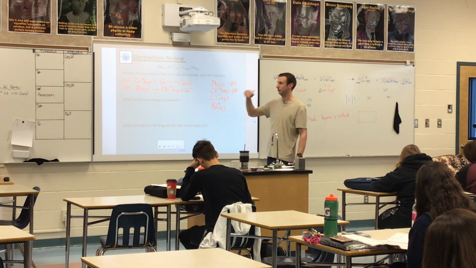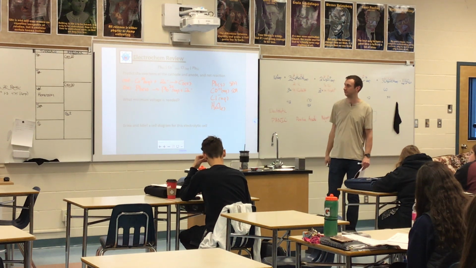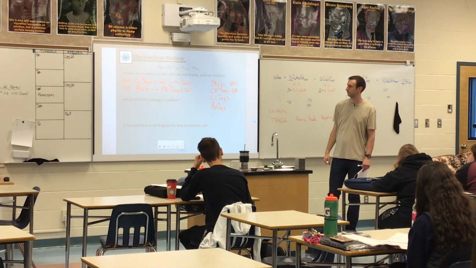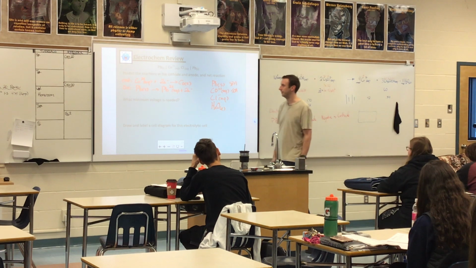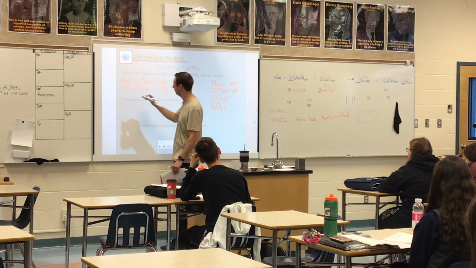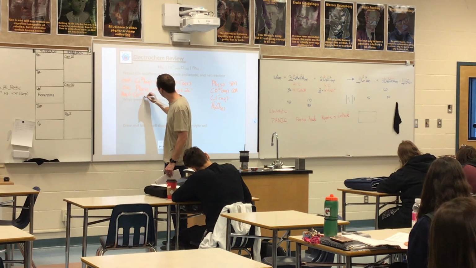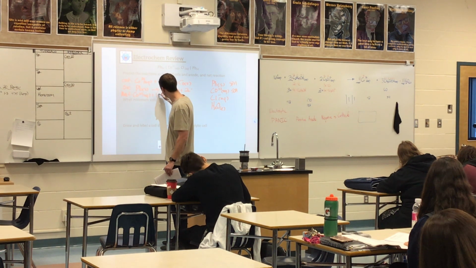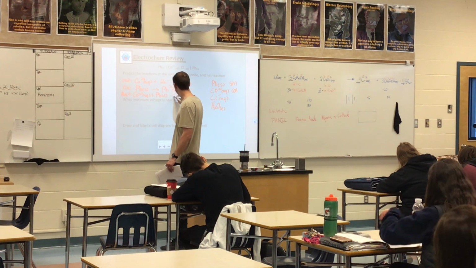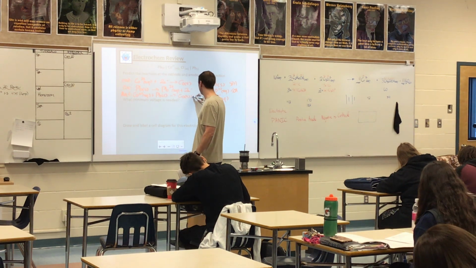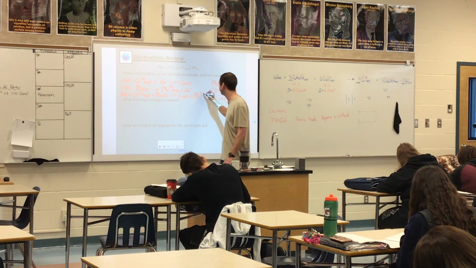So again, reduction at the cathode, oxidation at the anode. My net, really simple, I got 2 and 2, it's good to go, it's good to mix. So Co2 positive aqueous plus Pb solid gives Co solid and Pb2 positive aqueous.